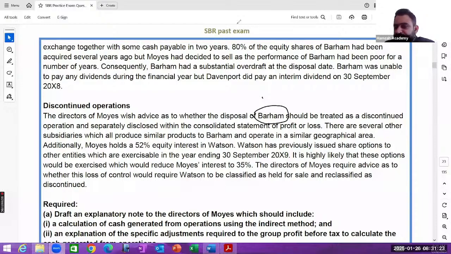Okay. Why, Avishka? Why should we treat B as a discontinued operation? Give me the reason.